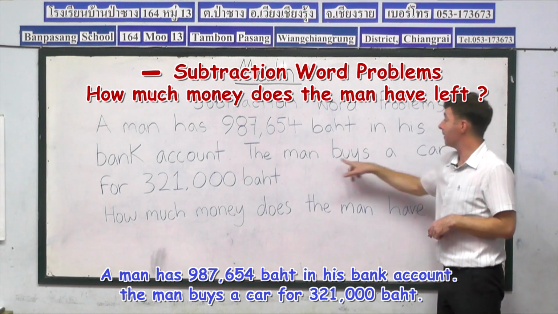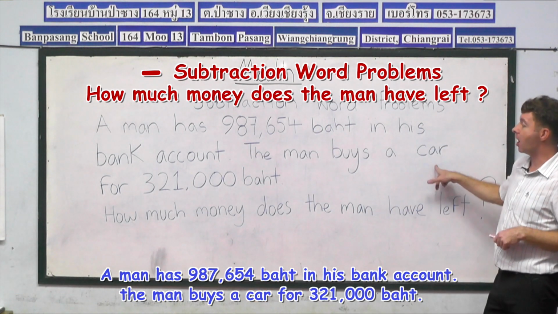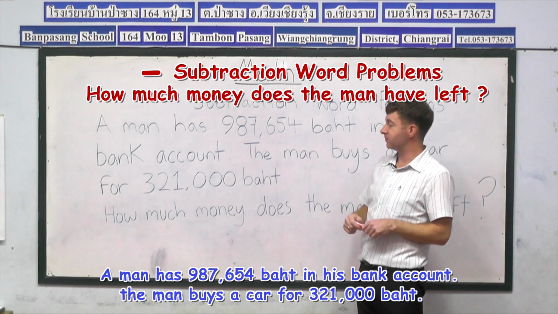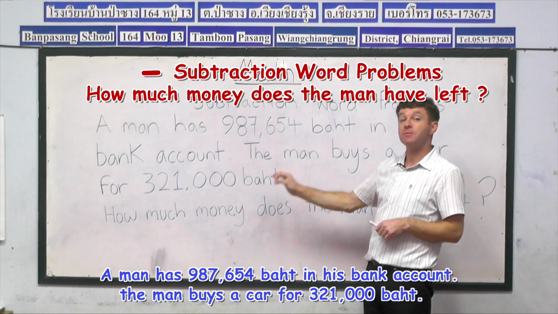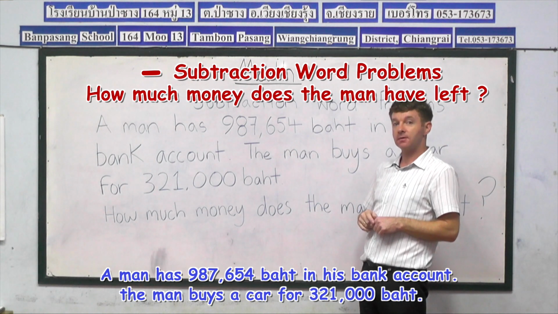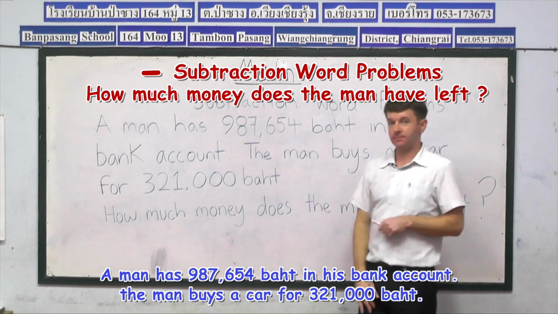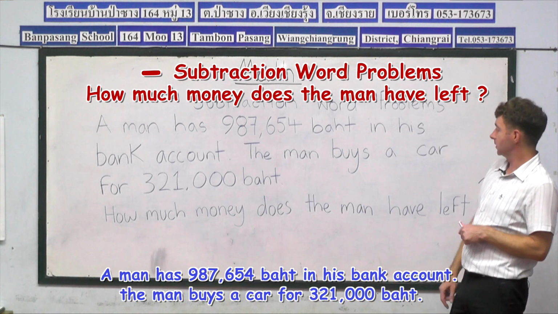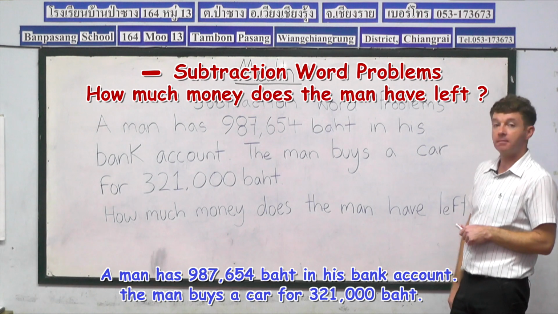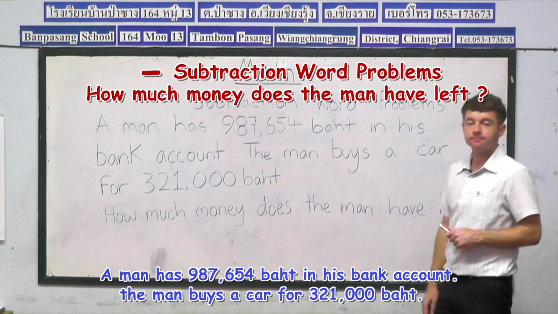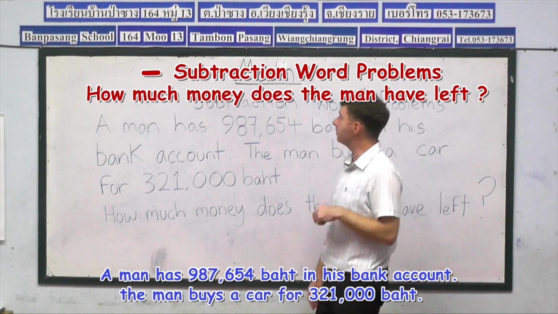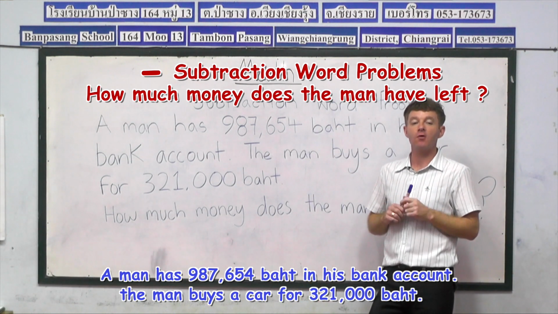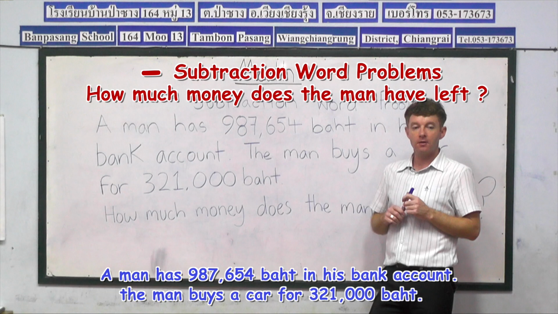The man buys a car for 321,000 baht. How much money does the man have left? Okay, so who can tell me what's the number that we need to start with? What's the beginning of our subtraction equation?